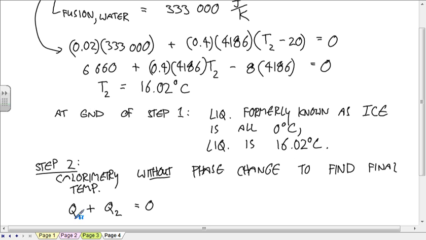Any liquid water has been ice at some point during the ice age or whatever. And every bit of ice has been liquid at some point. So you can't go based on what it used to be. It's just determined by what the phase is at the instant that you're dealing with. So yeah, these are both going to be 4186, the specific heat of liquid.